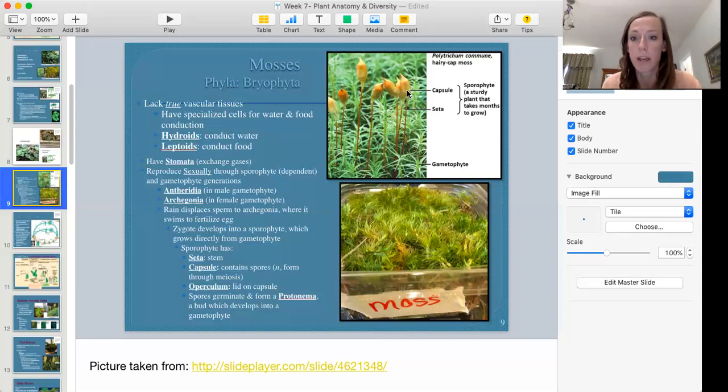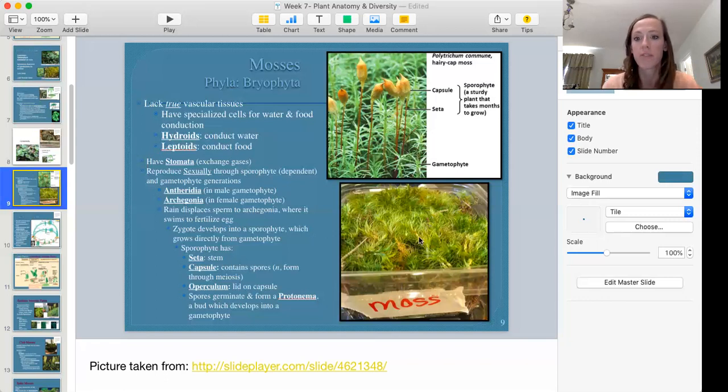The spores will be held in there until the lid on the capsule, which is called the operculum, is removed, is broken off, and that will release the spores to then allow for production of the gametophyte generation again.